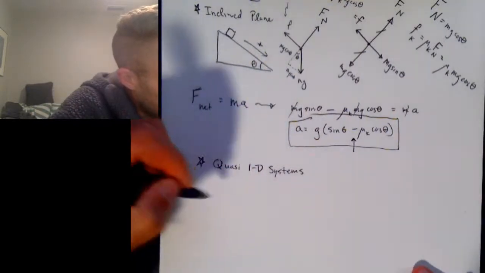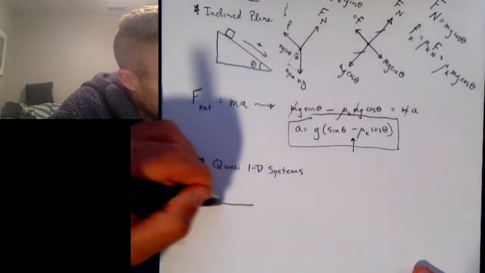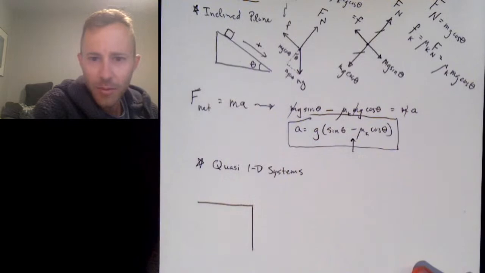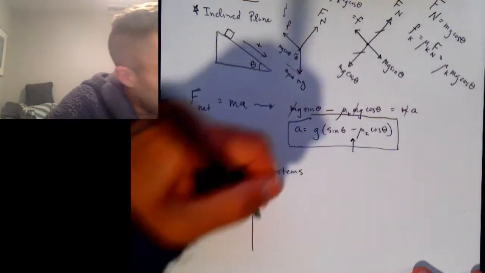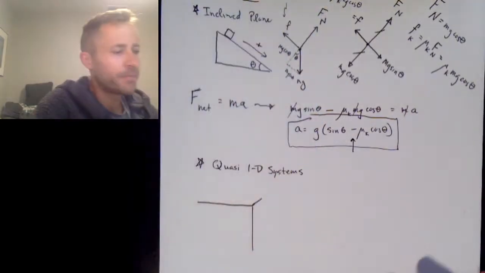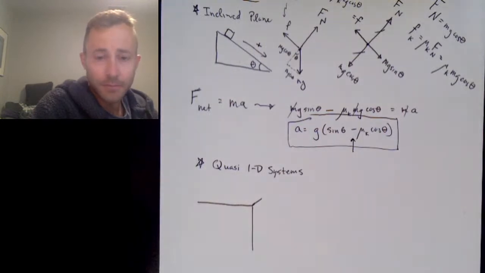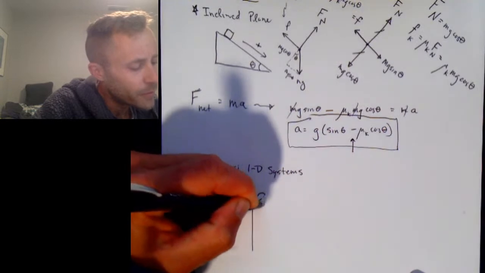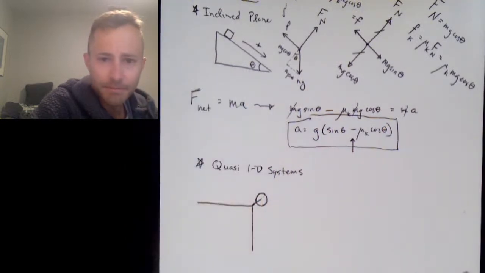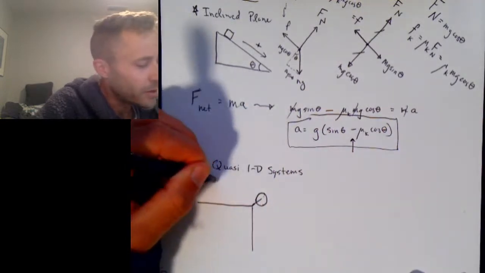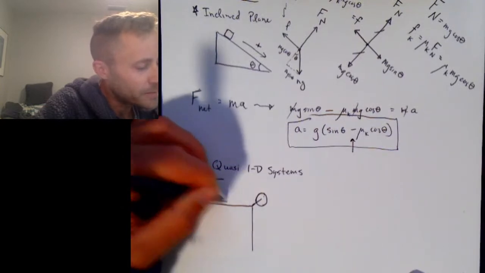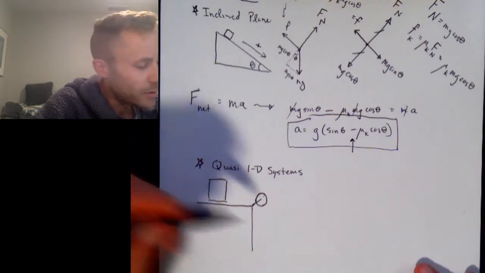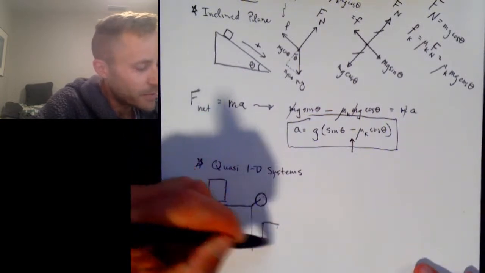A good example of a quasi-one-dimensional system is you have a table, and that table has a pulley on its edge, and you have a block, and then you have another block.